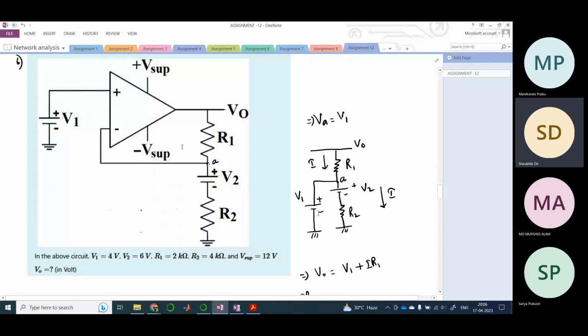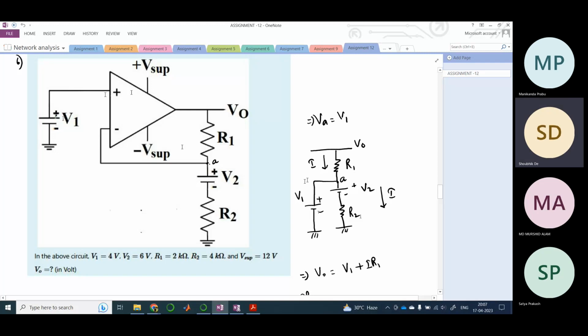Essentially, the potential across this, V2 plus the drop across this resistance, is V1. Why? Because the non-inverting terminal voltage is connected across this whole part, but there is no current flowing into the op amp, because this is directly connected to the op amp, and this is virtually shorted, meaning VA is equal to V1.